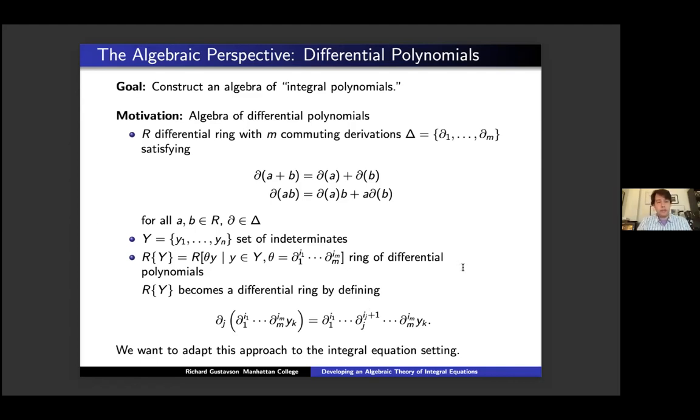And we can turn that into a differential ring by just formally defining the partial j derivation on this element as such.